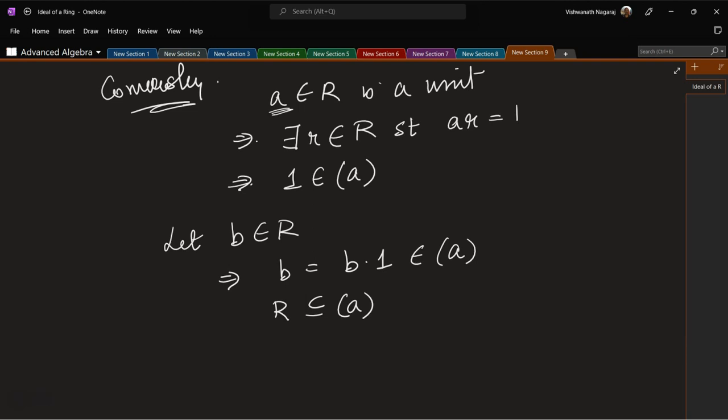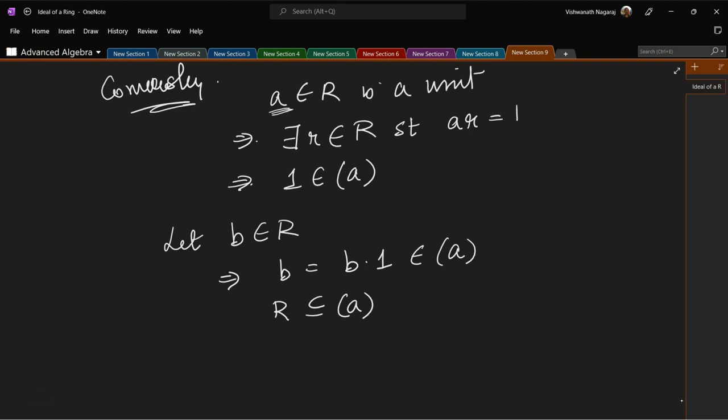Because of that, we have another element R such that AR is equal to 1, which means 1 belongs to A. Now, since 1 belongs to A, let B be an arbitrary element of R. B can be written as B times 1.